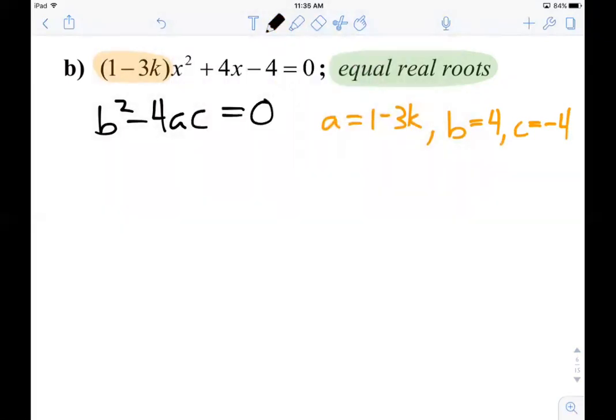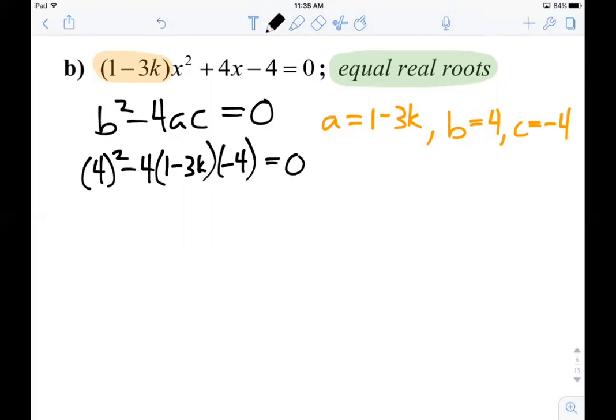So let's substitute in. b squared would just be 4 squared, and then it's -4 times a. So I use a bracket and replace a with 1 minus 3k. And then I also replace that with a -4 for c. And that's still got to be exactly equal to 0 on the other side. Let's start to simplify this a little bit. That would be 16.